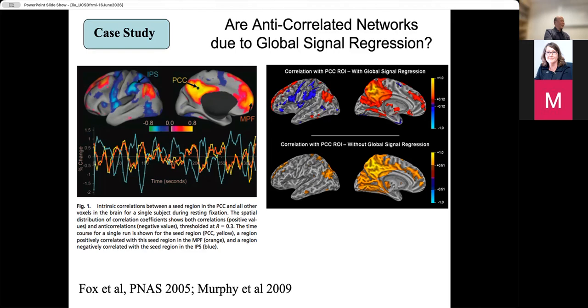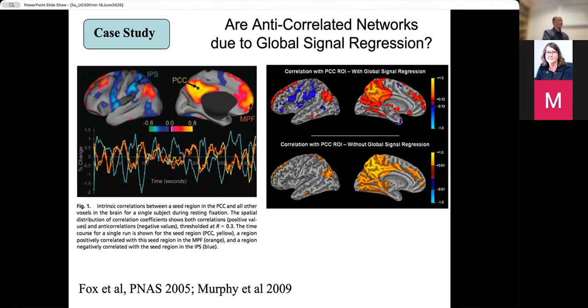But there is anti-correlation. We do see it in conjunction with certain behaviors. We do see it when we don't regress out global signal. So I would say it's not due to global signal regression, but also when you have smaller sample sizes, they're harder to parcel out unless you do global signal regression.